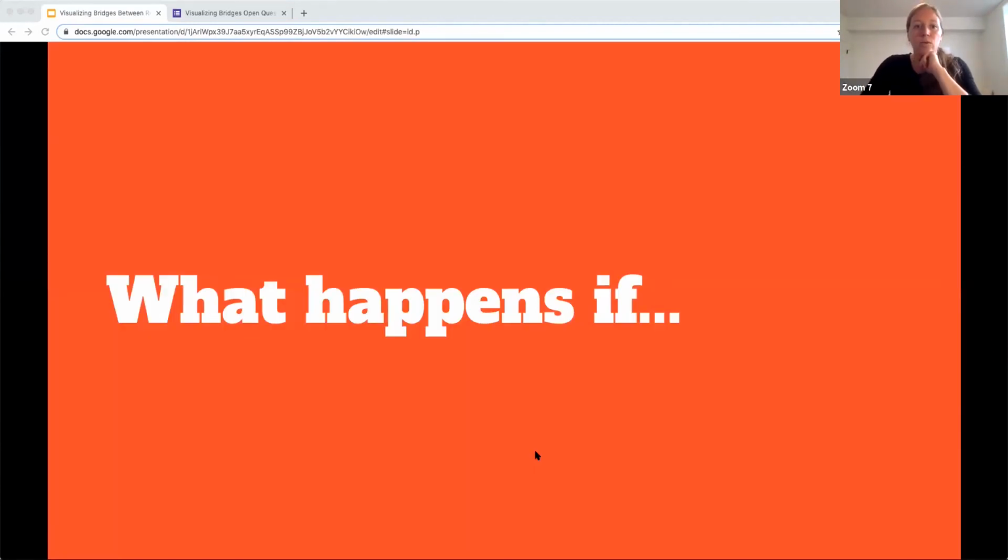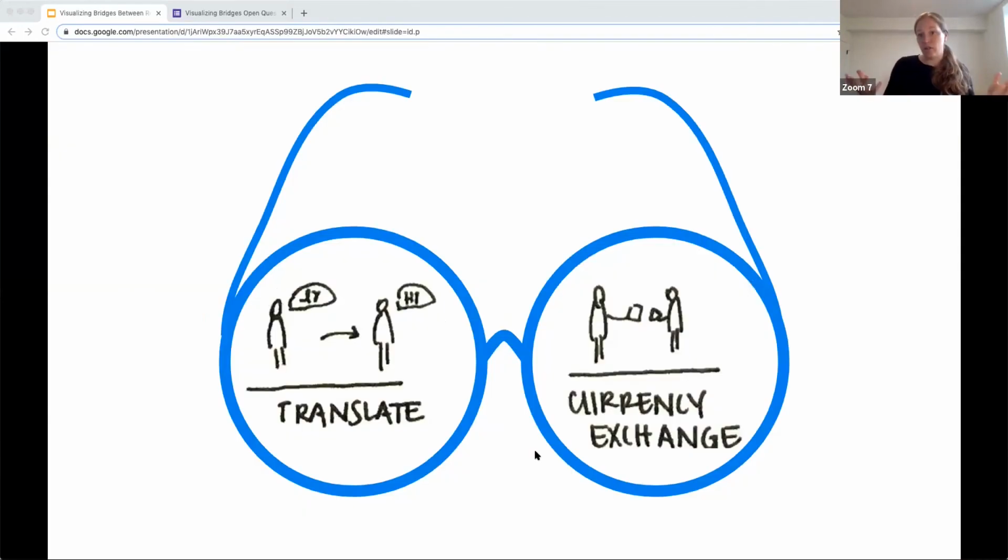And so what happens if we use these metaphors? And these are the two common metaphors that I mentioned before. So one of them is translate, which you've probably heard, and the other one is currency exchange. So translation of research into practice. I've heard that often. Currency exchange is less familiar to me, but as a teacher, translation of research into practice, I've definitely heard that one.